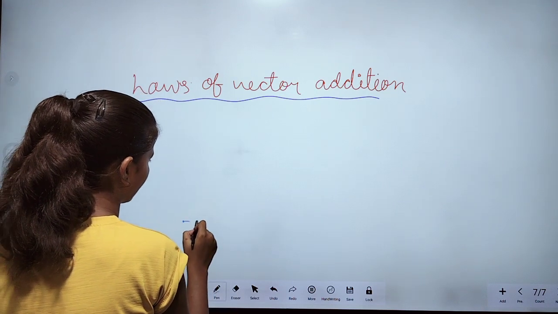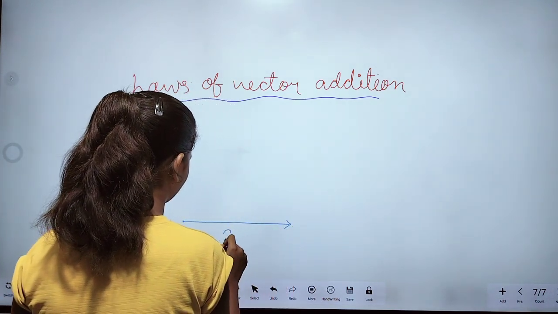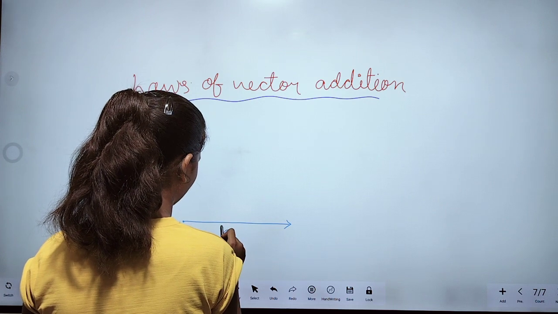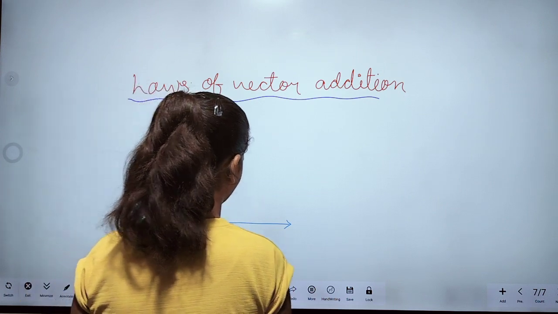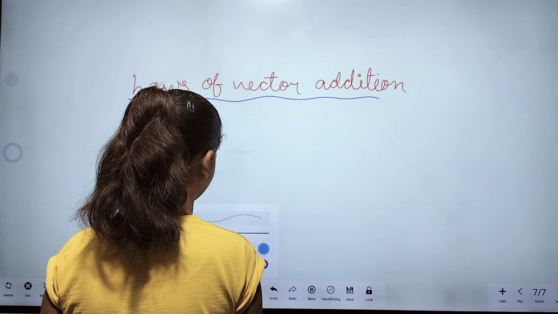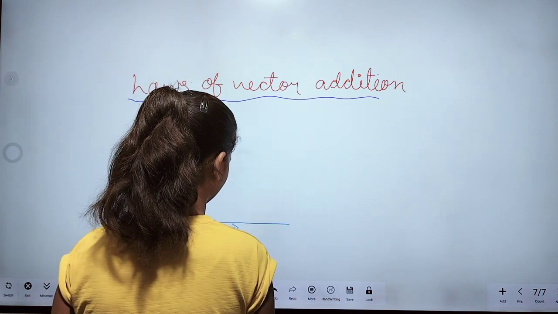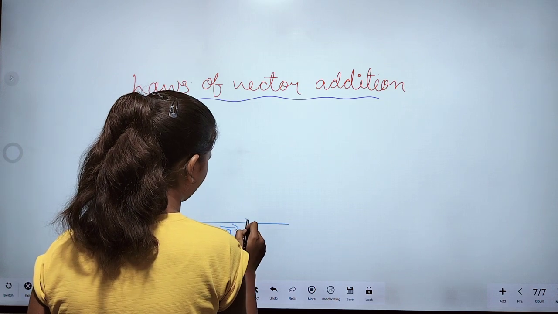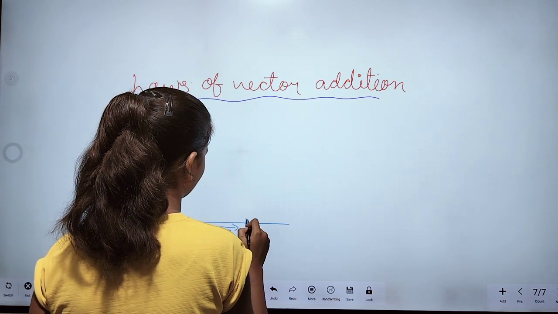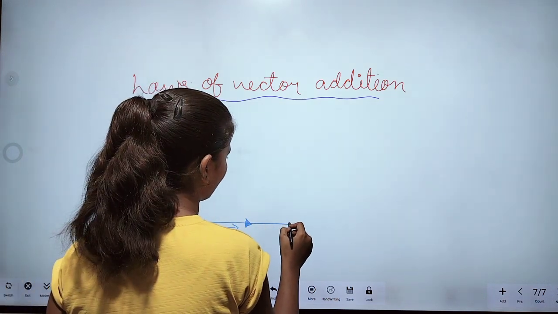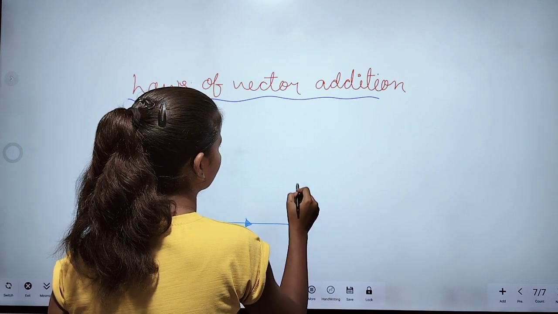Draw any one vector. Draw the second vector on the head of the first vector.